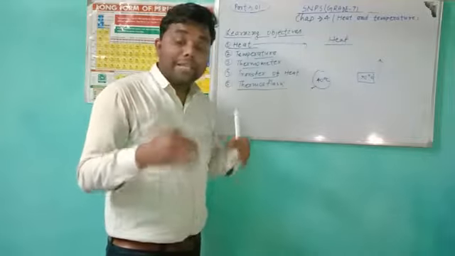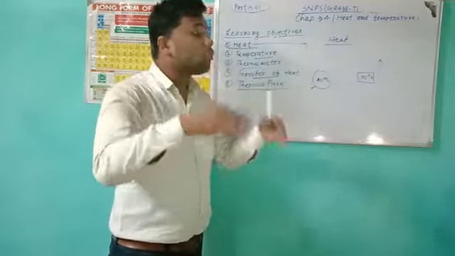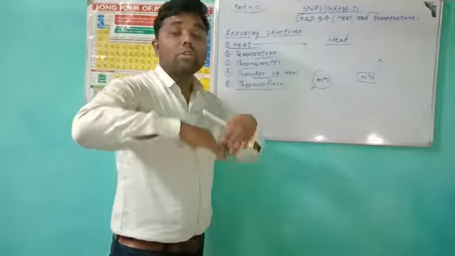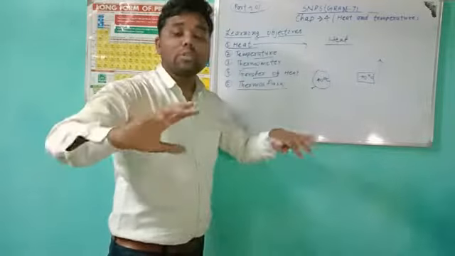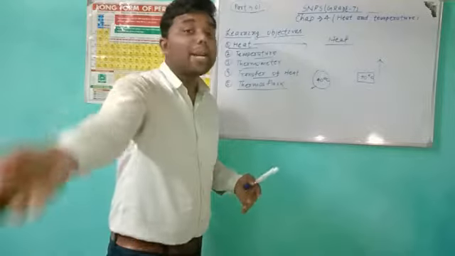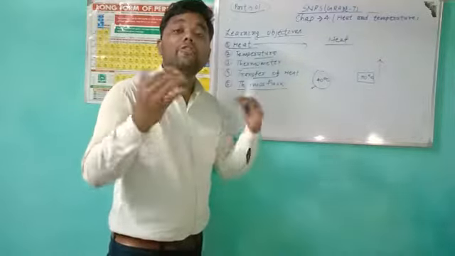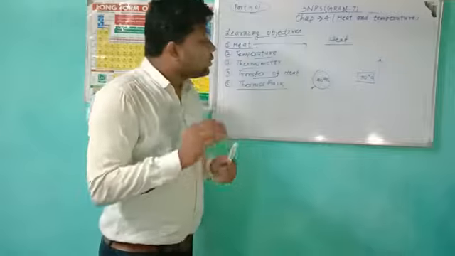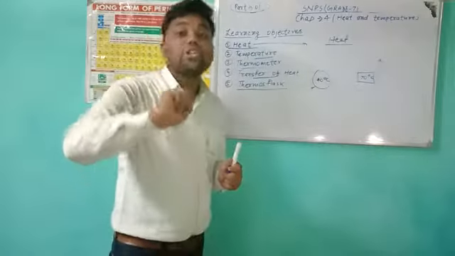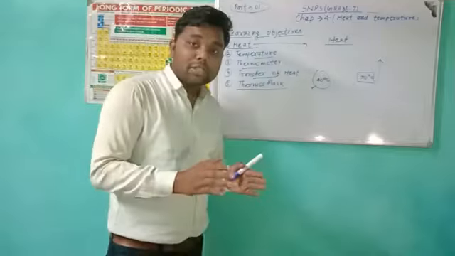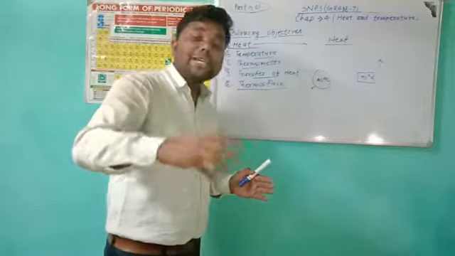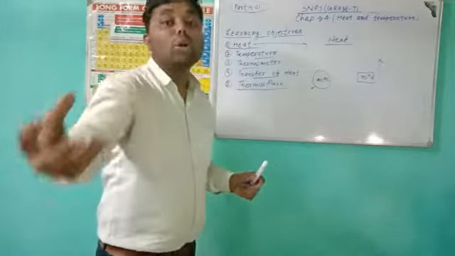Because the heat from my body is transferred to the atmosphere. In this way I can feel the cold. So this is all about energy transfer, in which hot objects transfer their energy to the cold object.